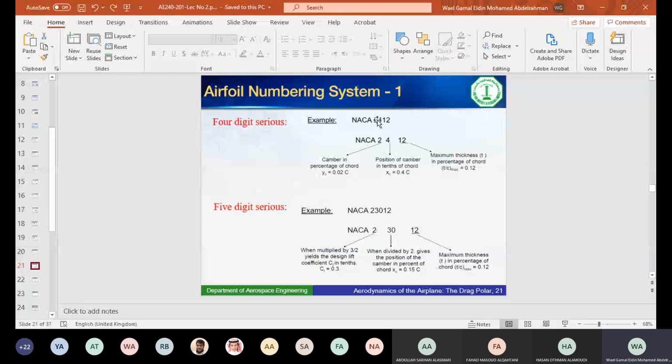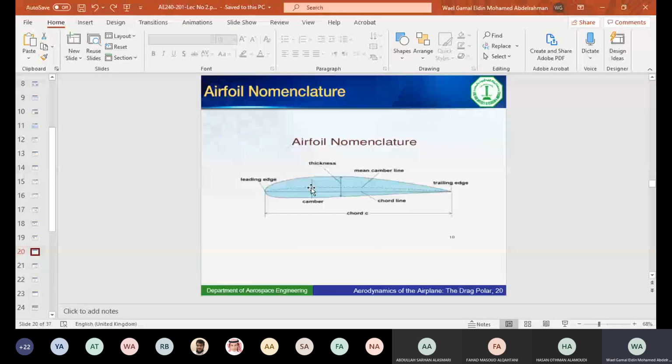When I look at the first digit in the family, it tells me the camber of the airfoil. So this 2 means the camber is 2%. What does 2% mean? It means that this small distance between the center line and the camber line is 2% of the whole chord.